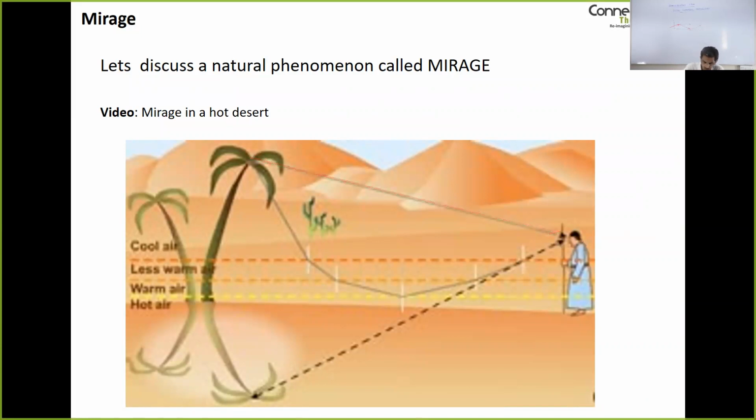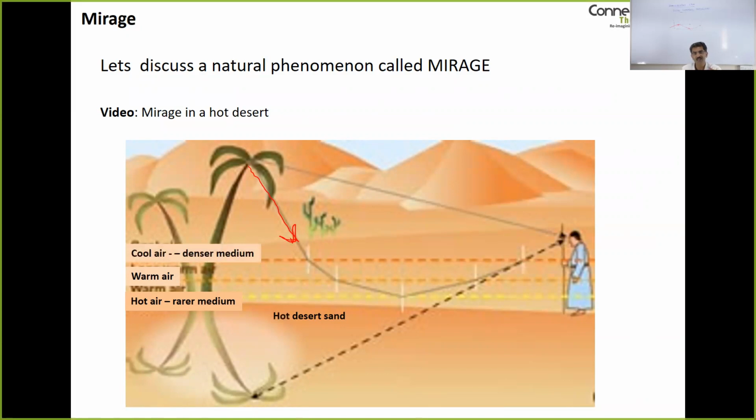Another ray of light going in that direction, what does it do? Remember that the desert sand is very hot, and the air which is in contact with the desert sand is hot. And as you go further away from the hot sand, air is cooler. So the layers of air further away from the sand are cooler compared to the layer of air in contact with the sand.